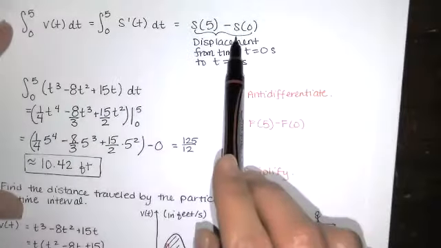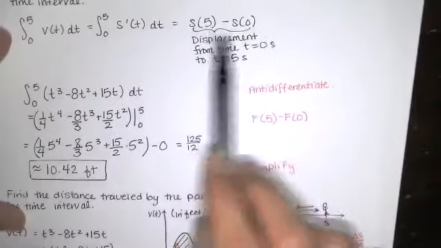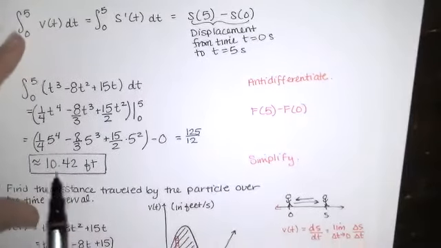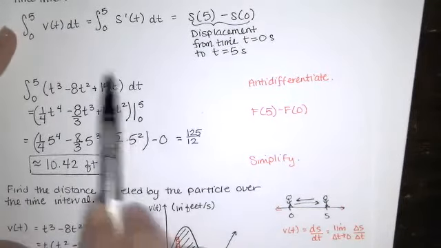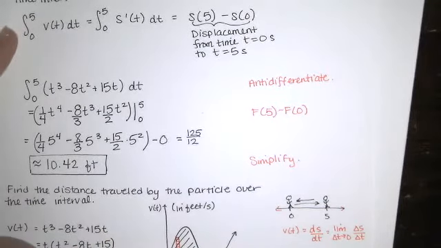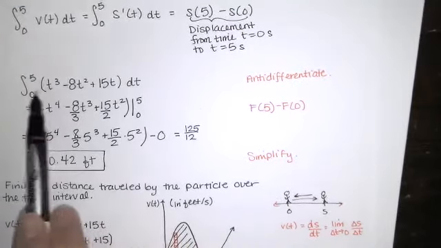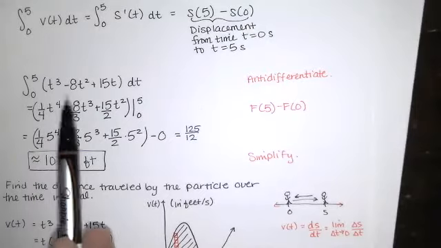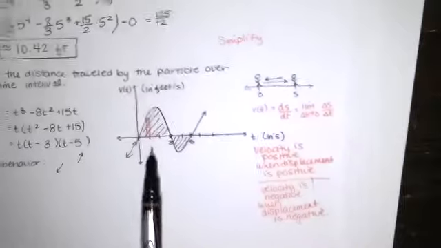well, we found displacement. That's the total change in position. We found that the displacement was 10.42. But if I'm interpreting this geometrically now, so I'm switching my perspective and I've decided I'm going to interpret this geometrically, say, well, this is the net area between this function and the t-axis from t equals 0 to t equals 5.